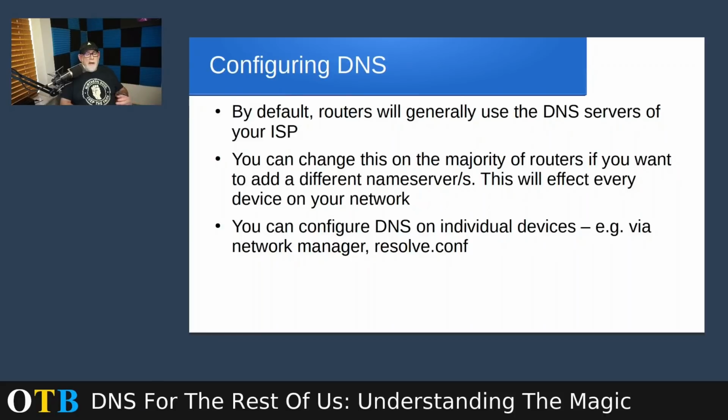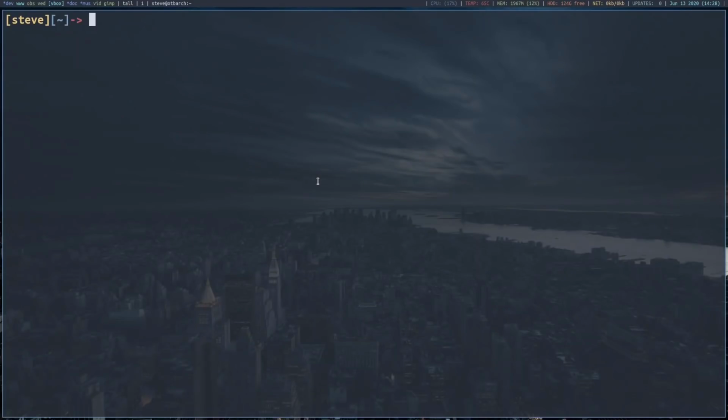And in fact, if you look on a Linux system, for instance, at what your DNS server actually is, most of the time it will be pointing to your router, not pointing to an external DNS server. But you can configure that and change it. So how do we actually change it? Well, let's go back to the terminal here.